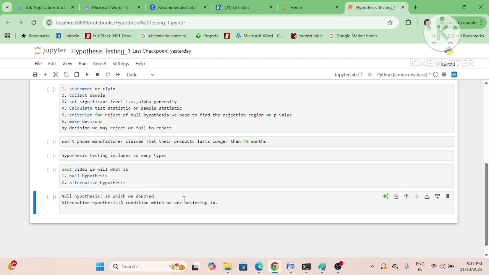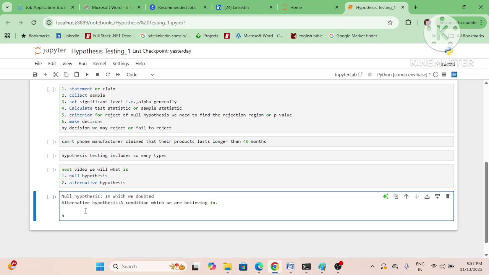That is the reason we are going to do the hypothesis testing. In statistical terminology, the null hypothesis is denoted by H naught. So here the null hypothesis becomes 5 kg, which we are doubting, that is, what the company claimed.